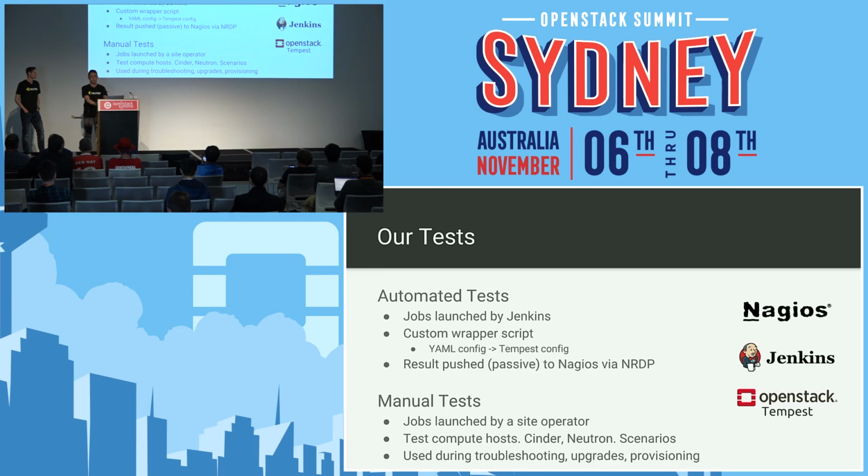If it's passed, then the operator can just do a Nova aggregate update and add the compute node into the aggregate. We used to have a checklist that we did by hand whenever we brought out new machines, but that has all been replaced by a Jenkins wrapper now.